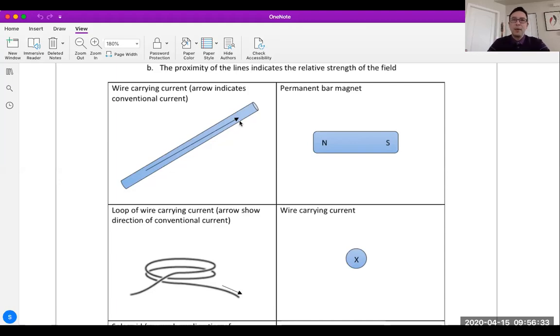All right, so we solve these questions using, here's my wire, and current was going in this wire in that direction like this. And we're going to use something called the right-hand rule. The right-hand rule indicates the direction of field around a conductor carrying current. So my fingers are the field lines.